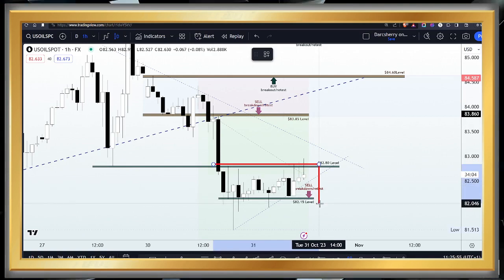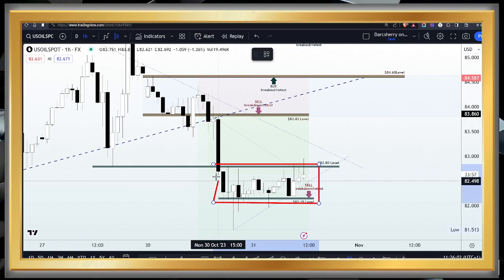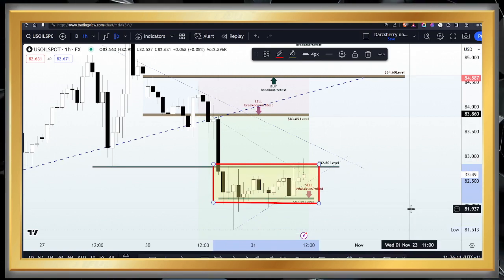You will see how price has been confined within this, let's call it a 70-cent range, that is between the $82.80 level and the $82.50 area, to emphasize the level of indecision that has gripped this market.